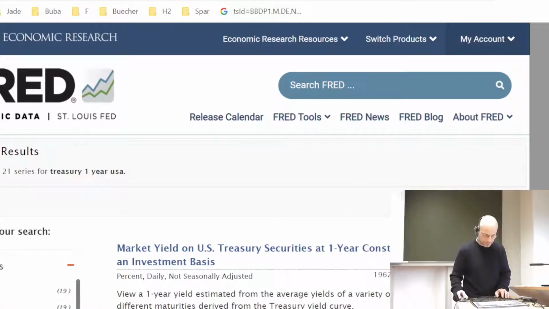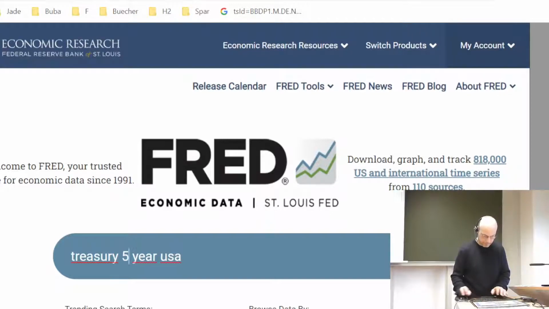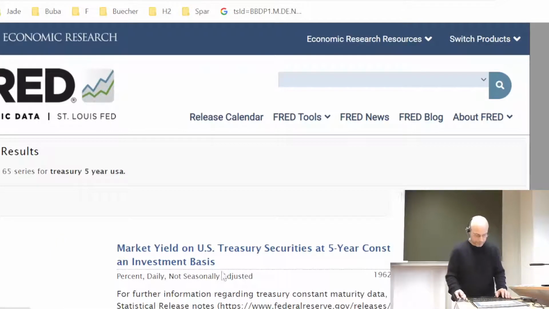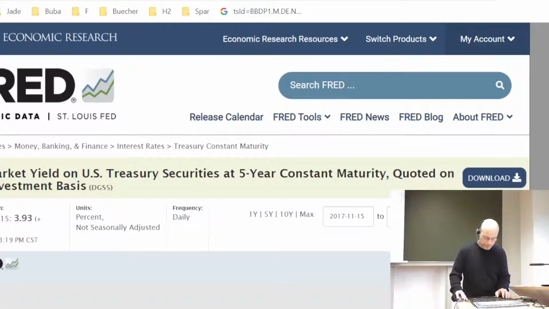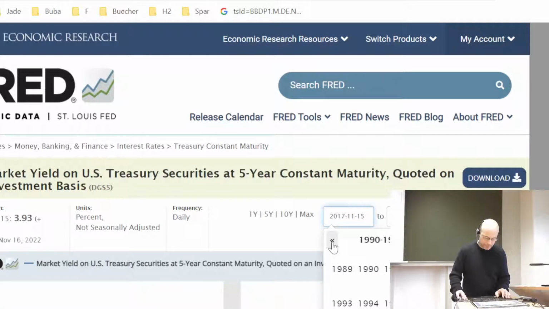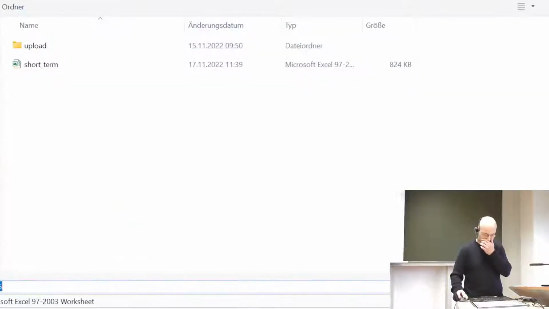Then let's take the 5-year. Download data. This is then long term.